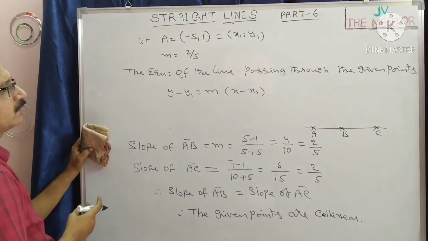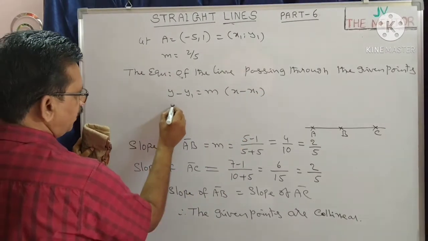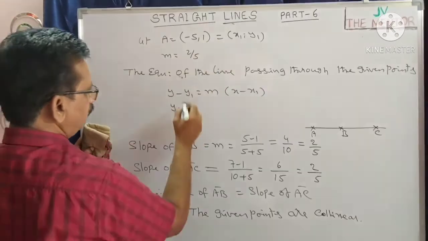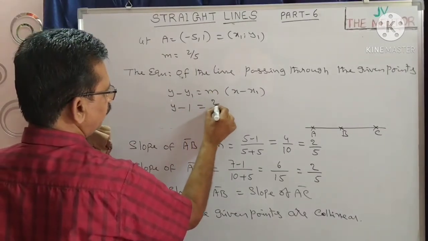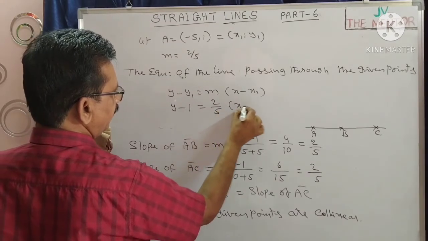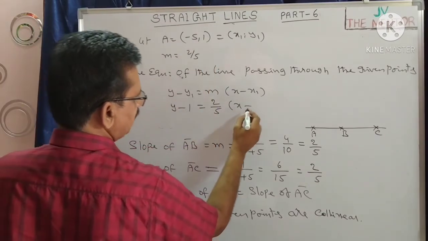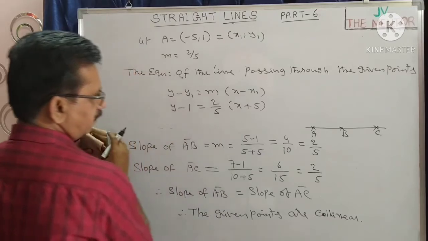Now substitute x1, y1 and m. Y minus, here y1 is 1, m is 2 by 5. X minus x1, here x1 is minus 5, minus of minus 5 is plus 5.